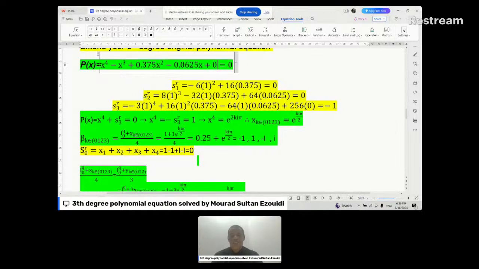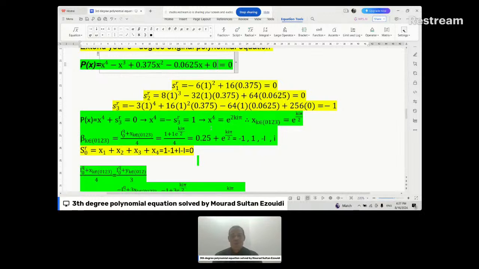Xk denotes the x roots of this fourth degree polynomial equation. We use the x roots of your new nth degree polynomial equation to find the roots of your original nth degree polynomial equation. You see the difference? Very important. Therefore, learners, L0 is 1 plus exponential k i pi over 2, divided by 4, of course.